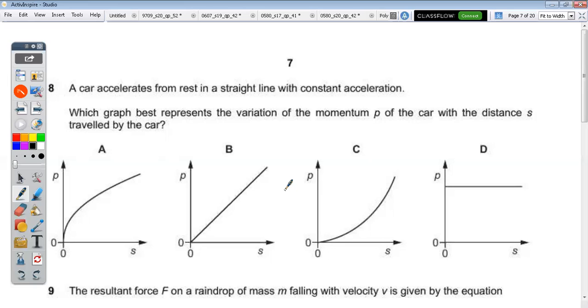So I think as distance increases, momentum would increase. So I think the formula would be... From which formula are you deriving though? No, I'm talking to myself. I was using p is equal to mv.